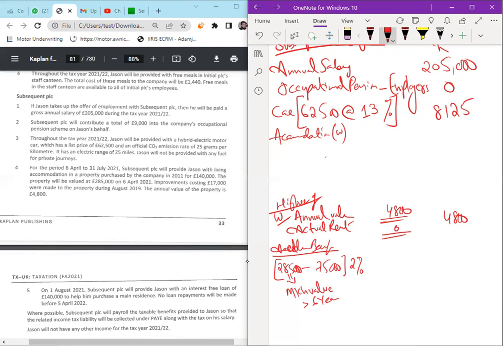If the 6-year rule says it's less than 6 years, we are using cost, and in the cost we are adding all the capital expenditures like improvements incurred before the tax year 21-22. But in this question the case is greater than 6 years, so we are using market value. Just use the calculator and we will get something.